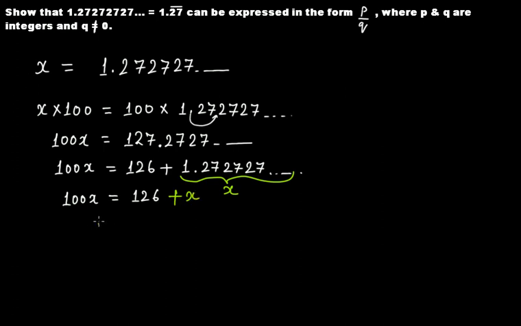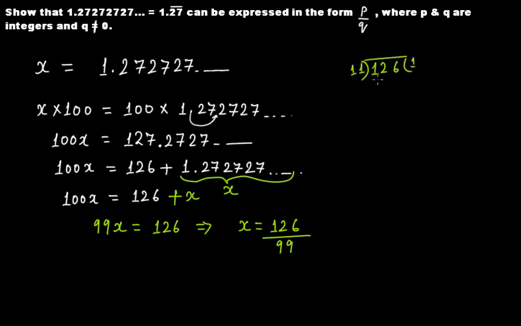So from here you get 99x is equal to 126, and from here you get x is equal to 126 by 99, and if you want to further simplify it, you can divide it by 11. No, 126 is not divisible by 11.